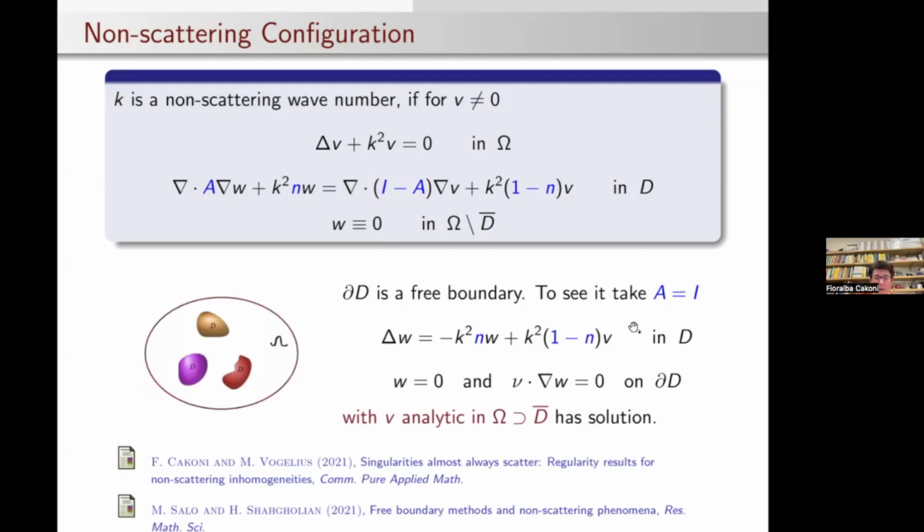Okay, and we observed this in 2020, and this paper has appeared actually recently in 2023, and simultaneously Salo and Shahgholian also have started studying this non-scattering configuration in a sequence of papers.